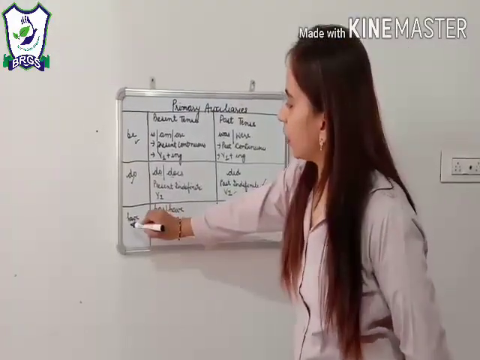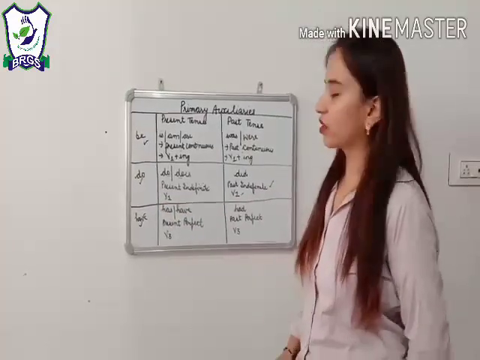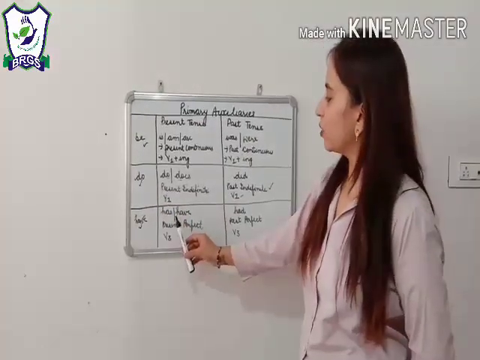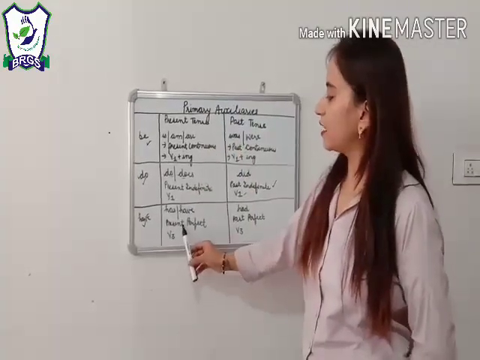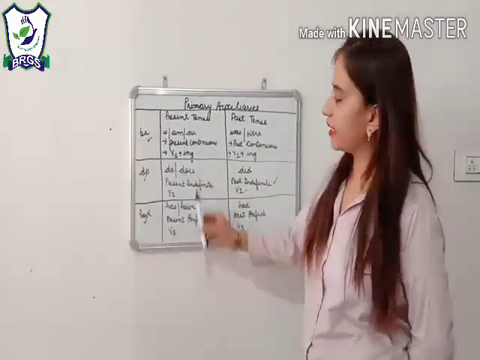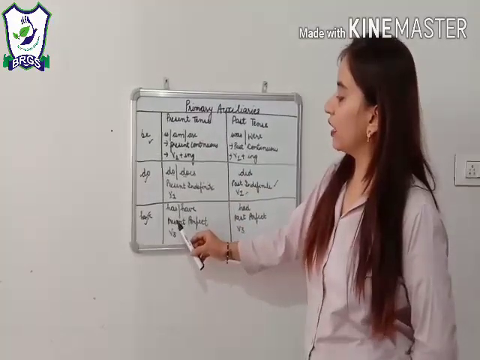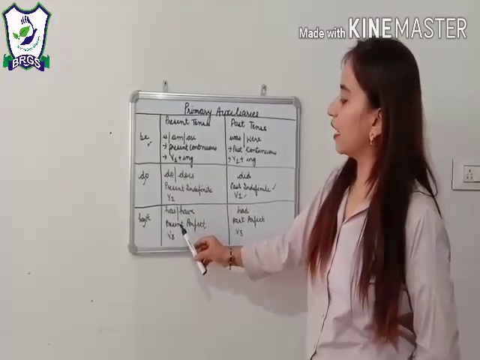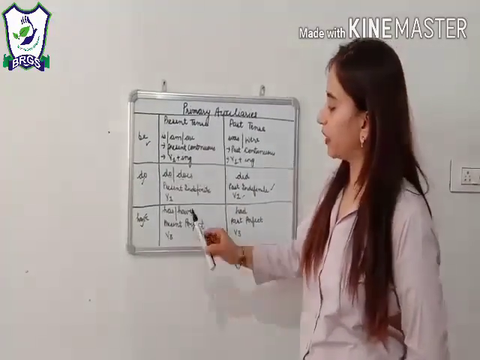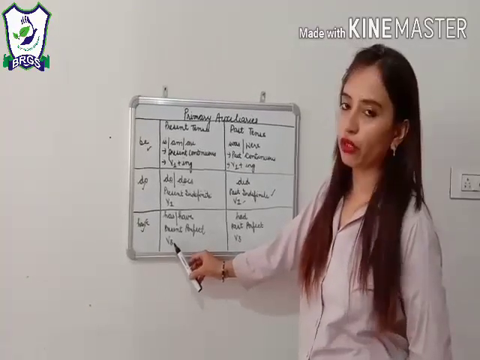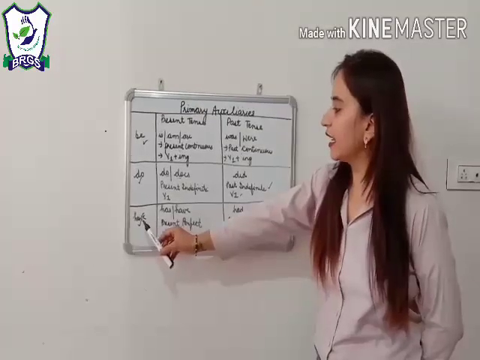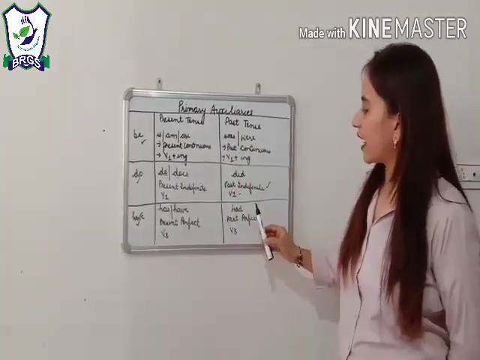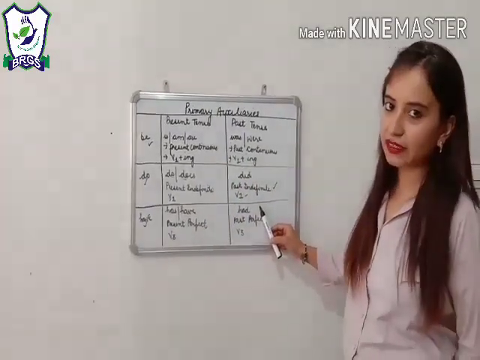And this third one, our primary auxiliary have, is used as has, have in present tense as the helping verb of present perfect tense, and it is always followed by the third form of verb. And here have is used as had in past tense.